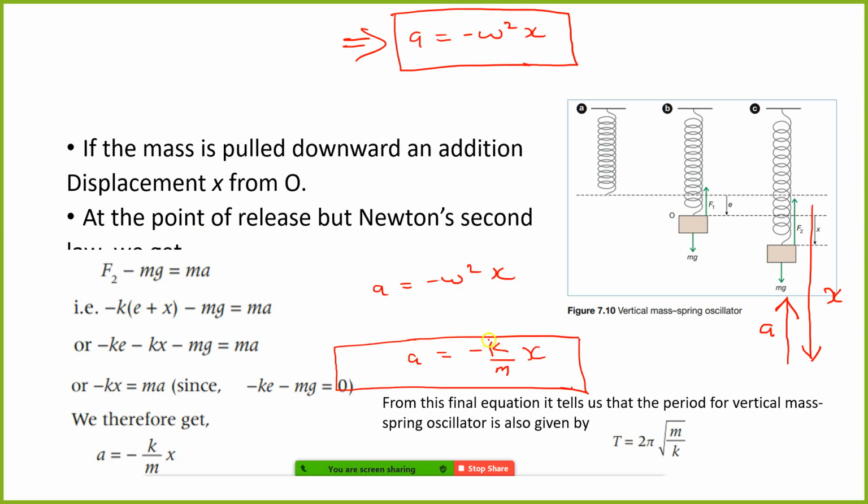Now, when we compare the equation, we're going to realize that if I compare A against A, I'm going to compare negative omega squared with negative k divided by m and x. I'm comparing them. So what I'm left with from this comparison is that minus omega squared is equal to minus k divided by m.